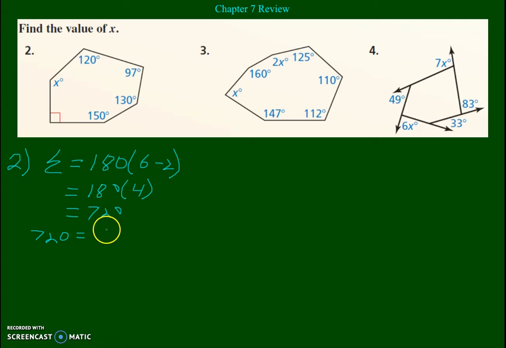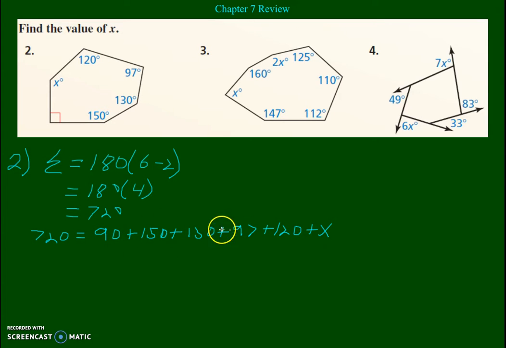So 720 equals 90, that's this piece, plus 150 plus 130 plus 97 plus 120 plus x.